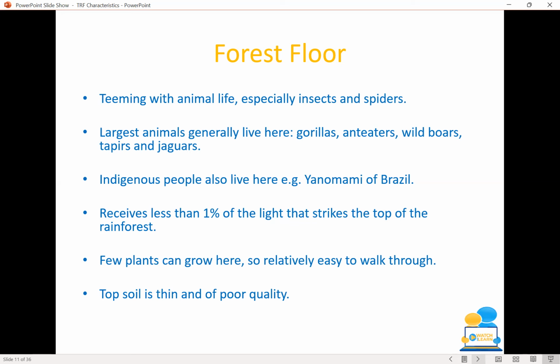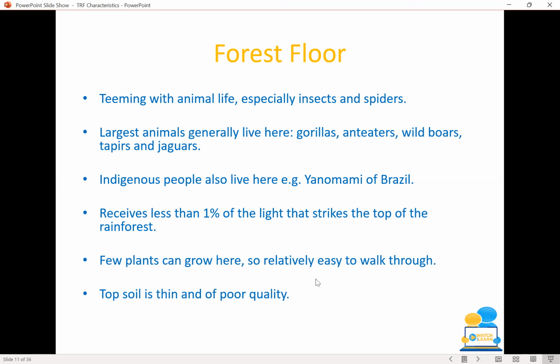So in parts of Brazil, when they cut down the rainforest for ranches and stuff like that, it takes a huge amount of fertilizers to grow any sort of grass or crops on this land, and sometimes the land even just gets abandoned. So it's another downside of cutting down the rainforest in this area.